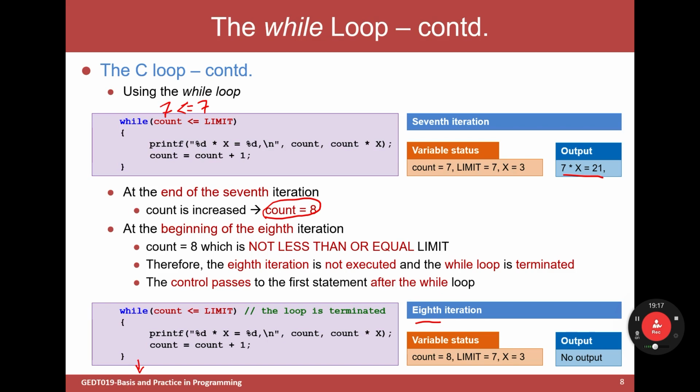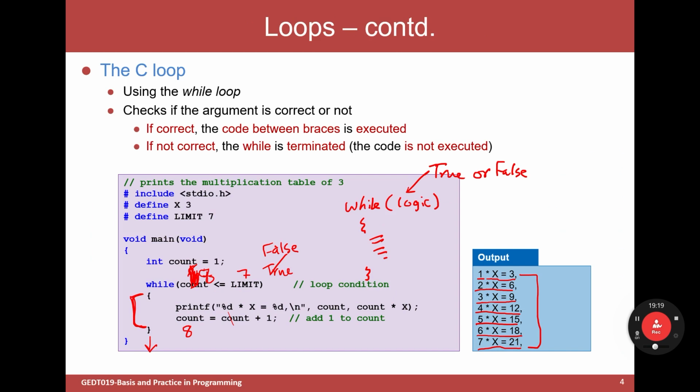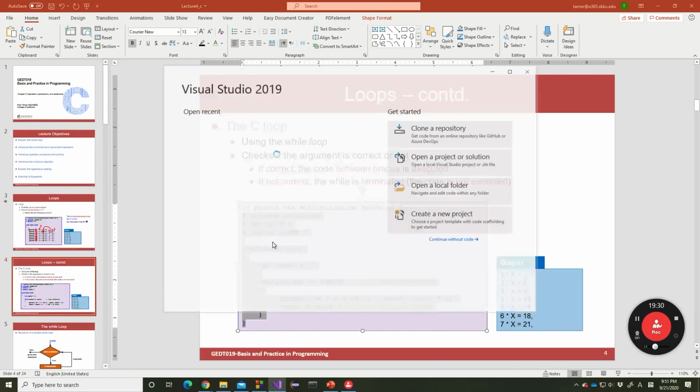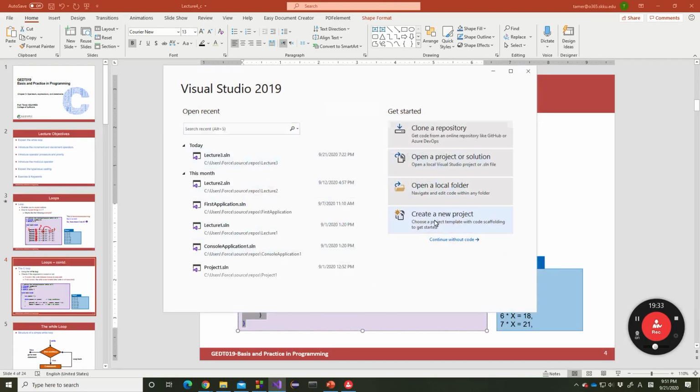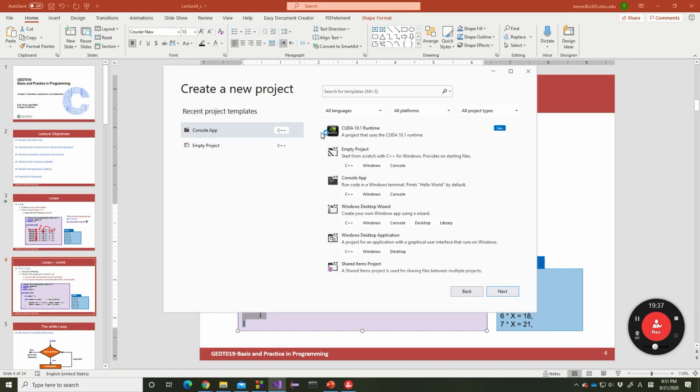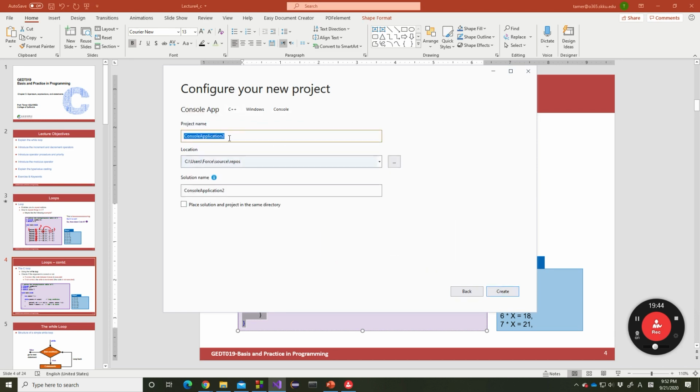Okay, so let me just show you this code. Let's see this code, this is our first code. So I will run this code, for example, let's create some new project here in Visual Studio. Okay, console application, next, and let's call this one lecture 4.